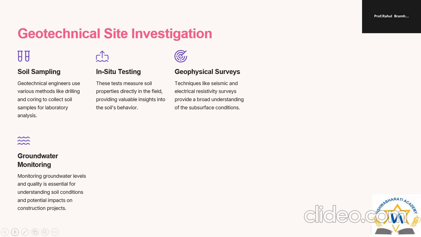Then the next one is groundwater monitoring. In groundwater monitoring, level and quality are essential for understanding soil conditions and potential impact on construction projects. These are the main investigations carried out in geotechnical engineering.